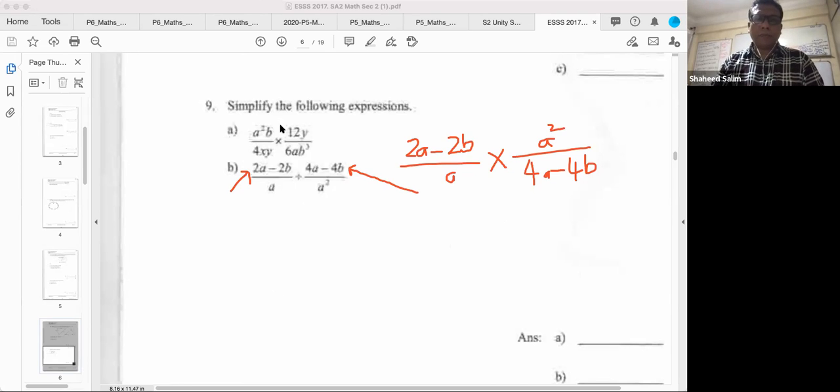Good to print it. But not now lah. You print it and then you do lah. Answer key is at the back, but don't go and copy answer key lah. You only can check the answer.